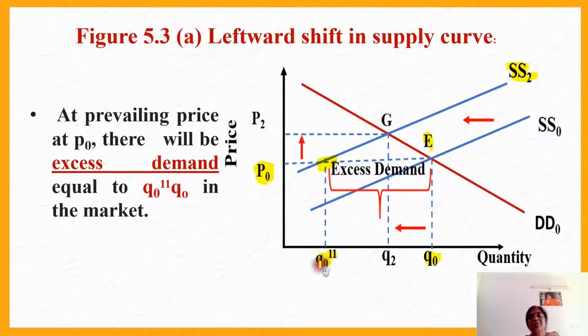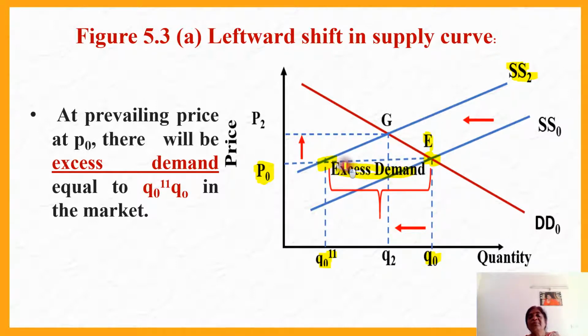Q0 double dash. But you can notice at the same market price P0, the demand is unchanged; only the supply curve shifts. Therefore, the supply declined at the P0 price after shift. The supply is only this much. Therefore, demand at P0 is greater than the supply after the shift of supply curve.